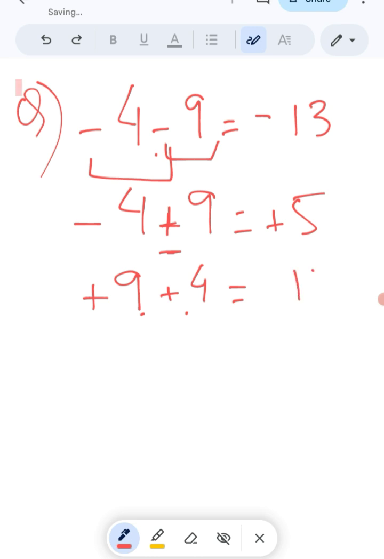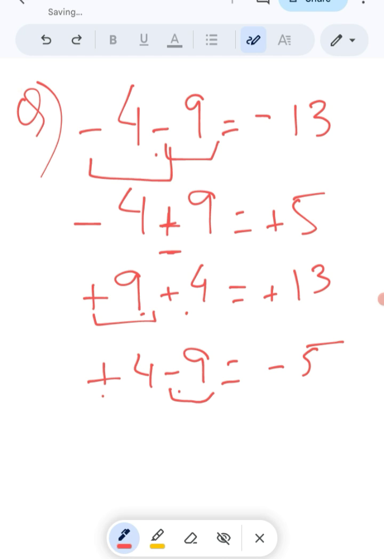I normally add the numbers and the sign of the bigger number comes. Now suppose you are having a plus 4 minus 9. Two signs are different, plus and a minus. I subtract the numbers, 9 minus 4 is 5. And the sign of the bigger number is minus, so minus comes here.